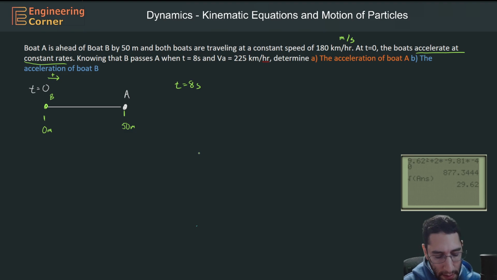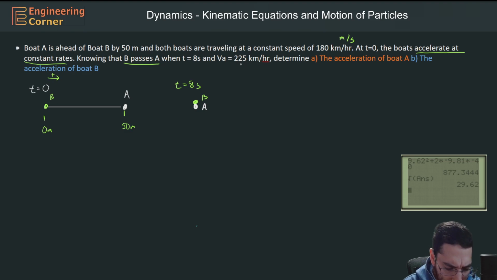At that point, B passes A, which means that it has overtaken the position. But we're saying at that very split instantaneous second that the positions are the same. So we're going to have B, and we're going to have A.